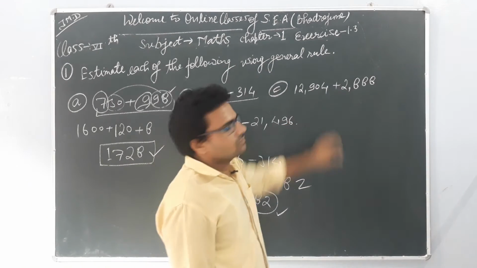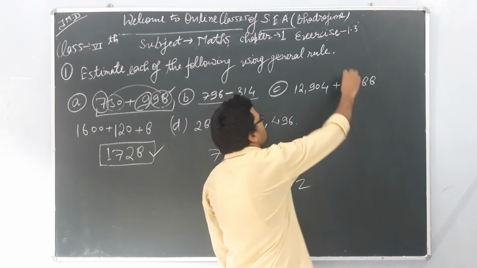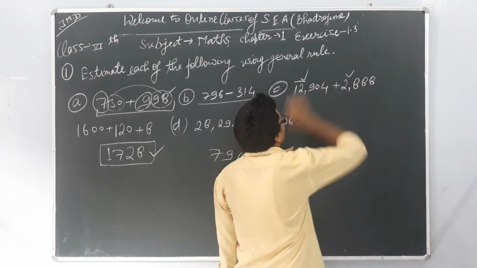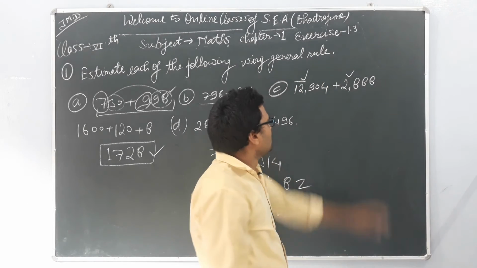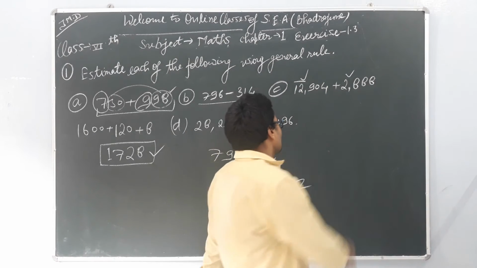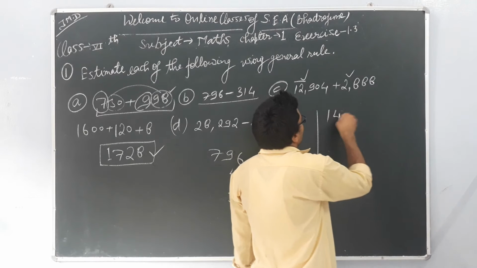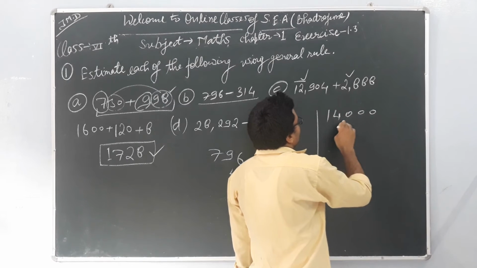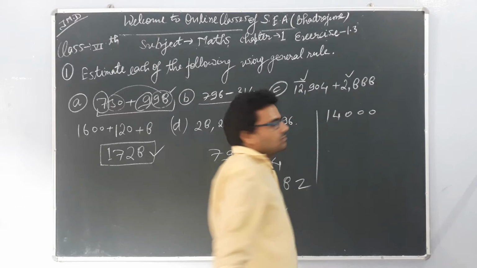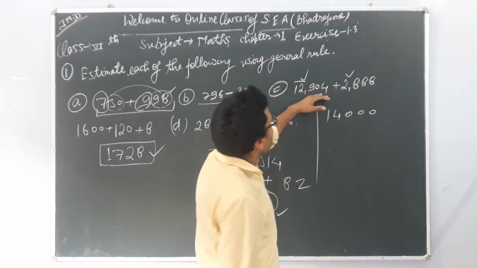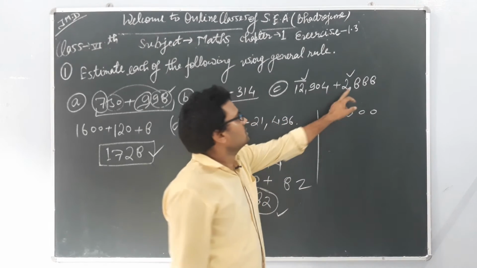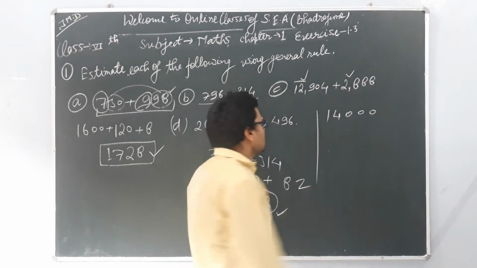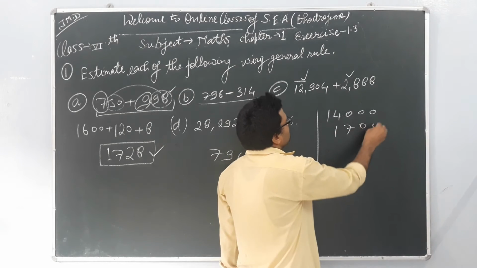Our part C is 2000 and 12,000. When we add these two, we get 14,000. 2000 plus 12,000 is 14,000. Now we will add these two: 900 plus 800 is 1700.